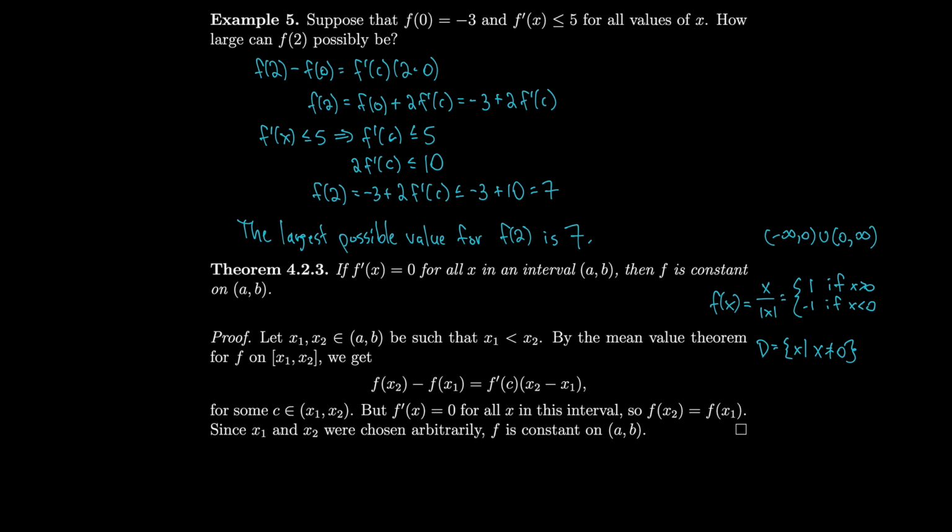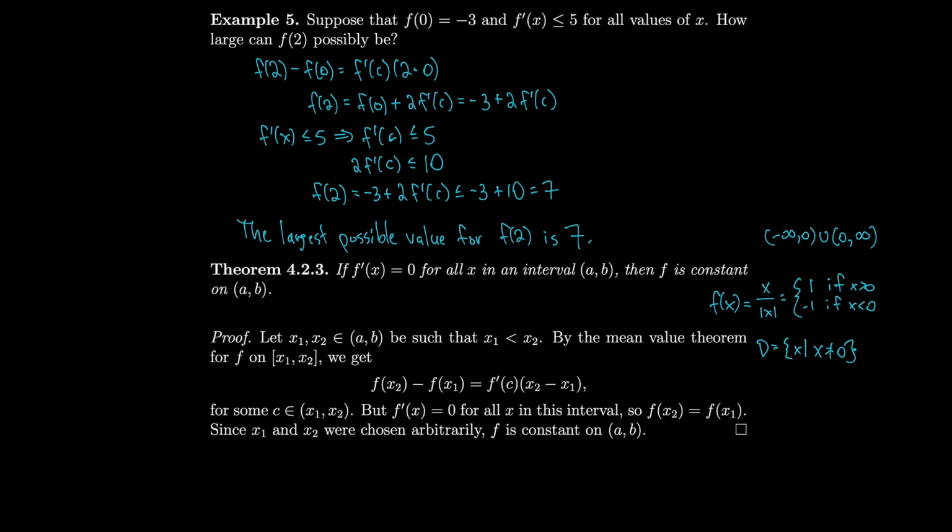We get f of x2 minus f of x1 equals f prime of c times x2 minus x1 for some c in the open interval. But the derivative is 0 for all x in the interval. So that means that this is 0. It's gone. So this entire thing becomes 0. So that means that this thing equals 0.